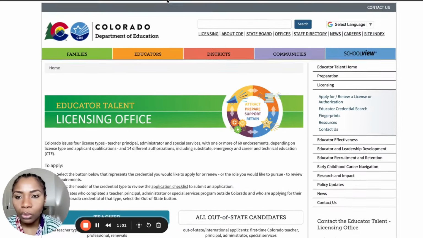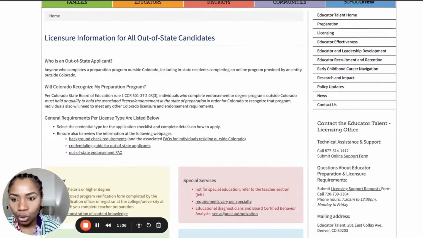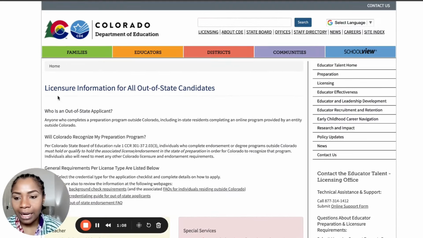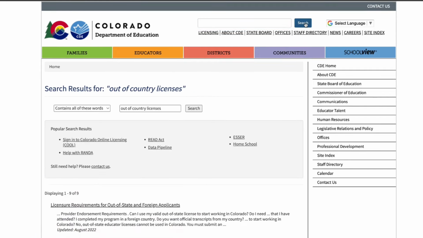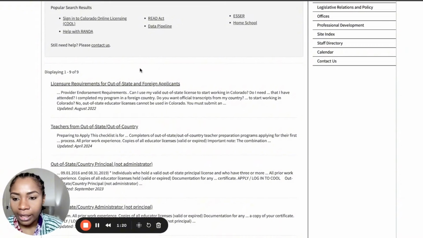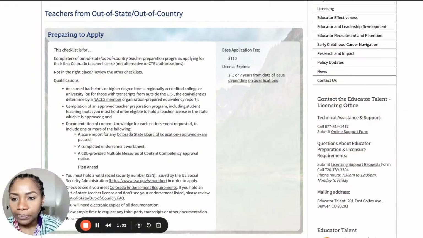But let's move forward to the one that really applies to us, and that is licensure information for out-of-state candidates. I'm just going to type out-of-country licenses and let's see what we find. So yes, licensure requirements for out-of-state and foreign applicants, and then teachers from out-of-state and out-of-country. So I'm going to click on that.